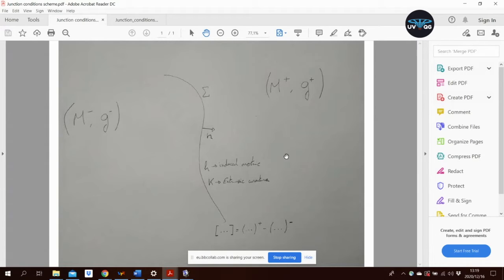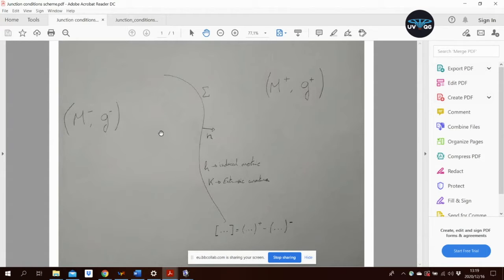First, you need to make sure that your theory is well defined in a distributional sense. Because if you now have a surface of discontinuity, that means that you have your quantities defined in this region of the spacetime, M minus, and you have your quantities defined in M plus.